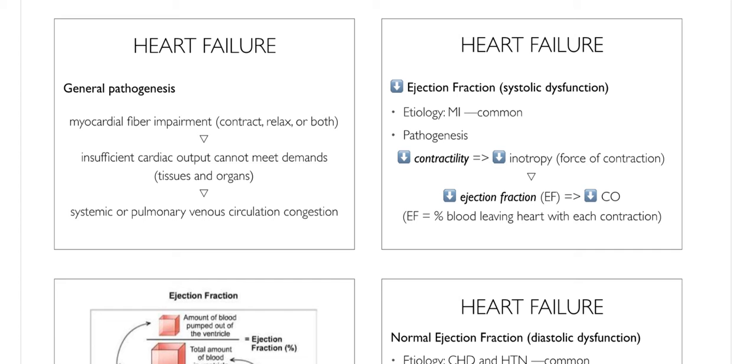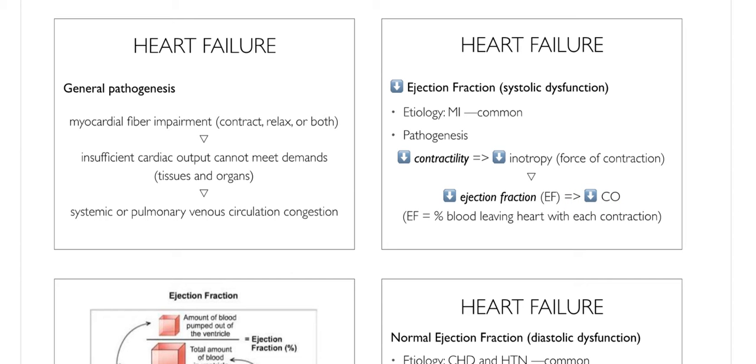The heart has experienced muscle cell death, and so with that muscle cell death, we have an inability for those fibers to contract. And without contraction, we're going to have a lot more blood remaining within the ventricle compared to a normal heart after systole. Okay, so we have decreased ejection fraction leading to a decreased cardiac output.